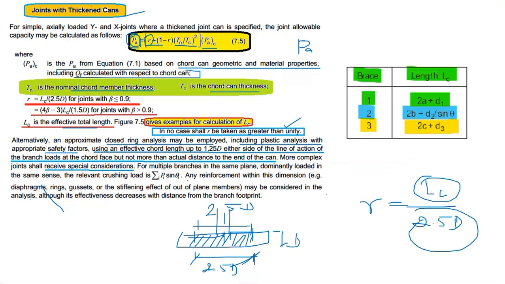And any reinforcement with these diamonds and diaphragms, rings, gussets, stiffening effect of the plane, that and all we need to consider it, and maybe consider in the analysis, although its effectiveness decreases with distance from the footprint. Suppose if you are adding some like a ring here, even though if it is away from the footprint, it will have some minor impact, but if it is too much away, it will not add any strength to the chord member.